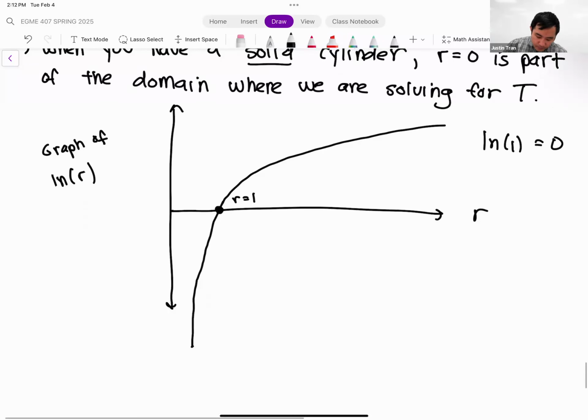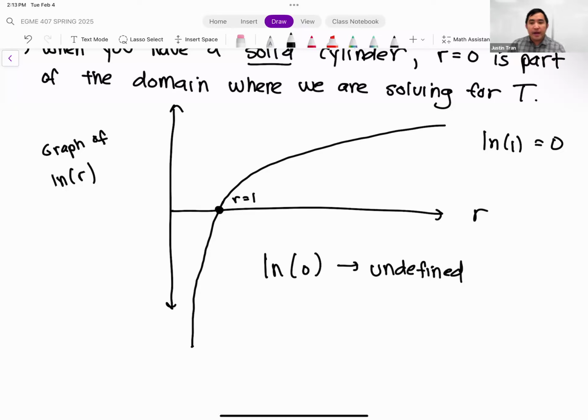Basically, if you try to evaluate the natural logarithm of 0, this is actually undefined. It's impossible to evaluate the natural logarithm at 0. Informally, what people say is that if you try to evaluate the natural logarithm at 0, you get minus infinity.